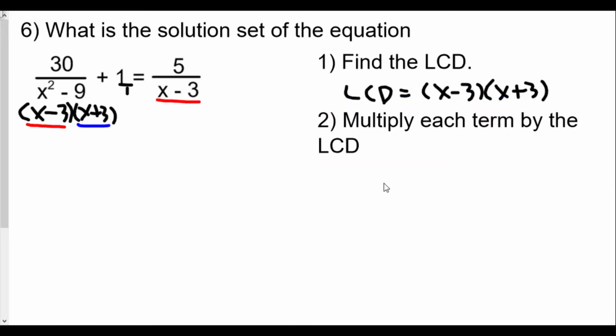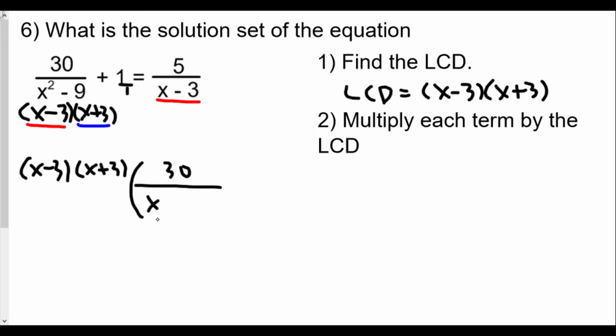So that means that you're going to write everything out here. You'll have, in this case, x minus 3 times x plus 3, multiplying with the 30 over, and I'm going to rewrite x squared minus 9 as just x minus 3, x plus 3.